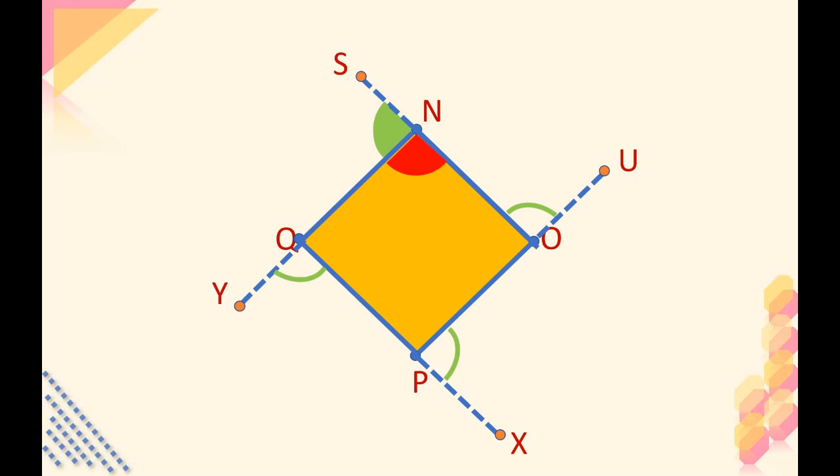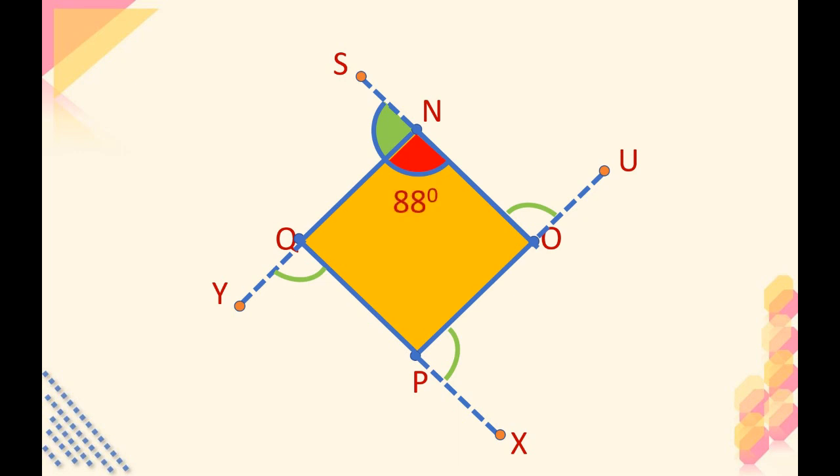Wow! They form a linear pair! What does that mean about their measurements? Yes, the measures of the exterior angle and its adjacent interior angle are supplementary.